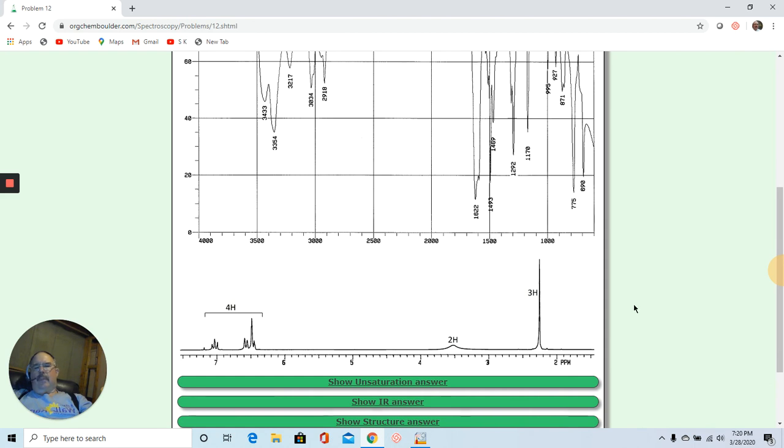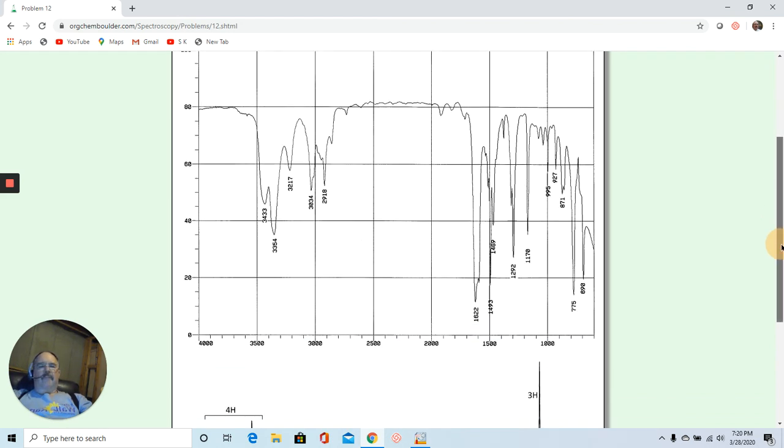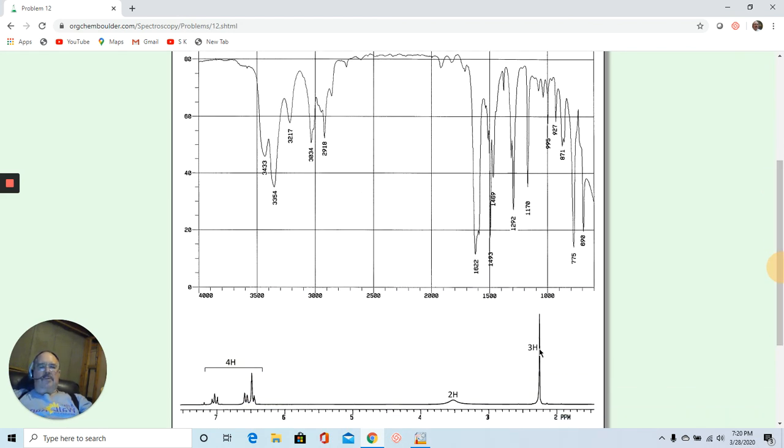Okay, and so it looks like we have a benzene ring, which would take care of 6 of the carbons, and then we have a CH3, which would take care of the 7th.